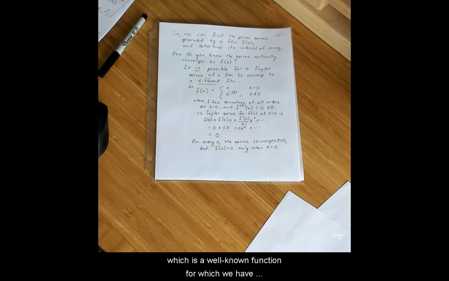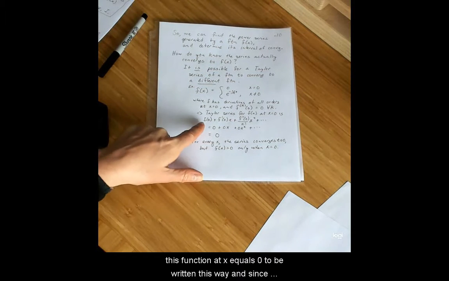Basically what happens here is that this function definitely has derivatives for all orders, for all values when x is 0. And since at x equals 0, all the derivatives would be 0, then we know what they all are there. The Taylor series for this function at x equals 0 could be written this way.